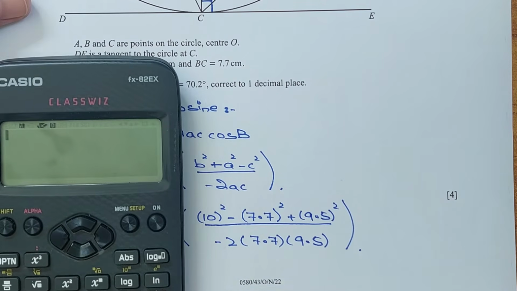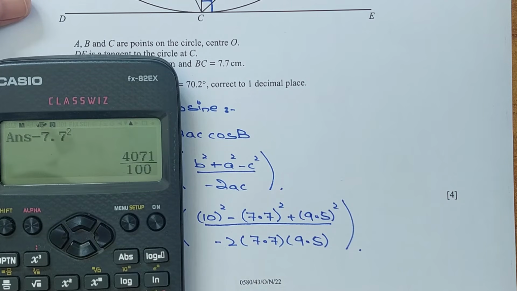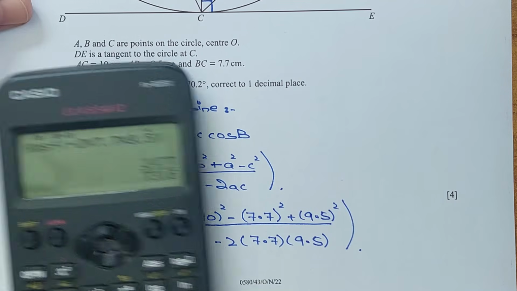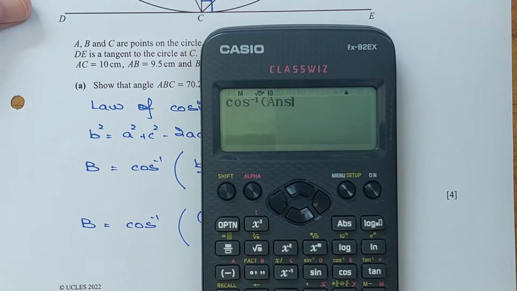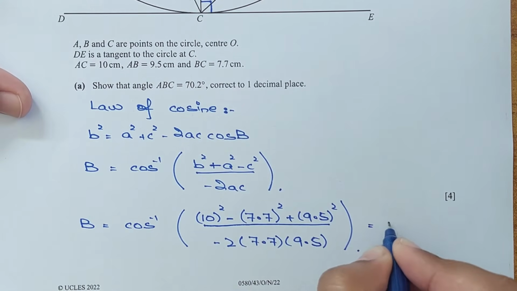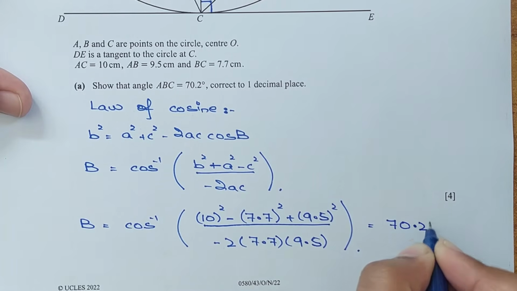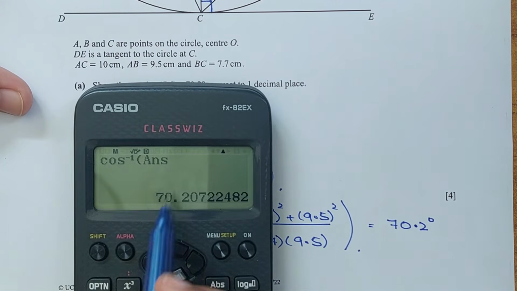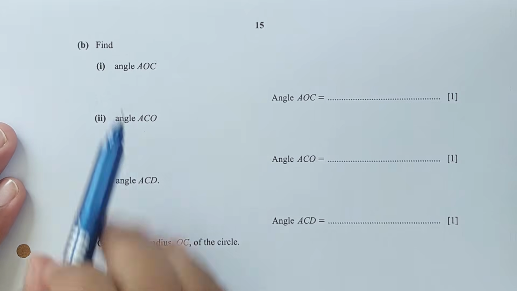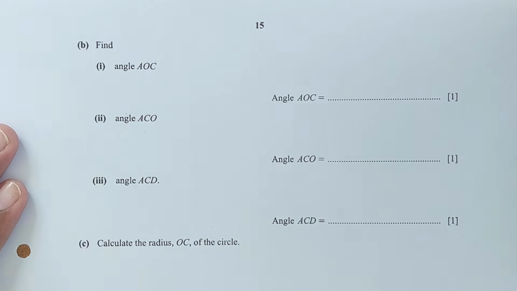Let me calculate this. 10 squared minus 7.7 squared minus 9.5 squared divided by minus 2 times 7.7 times 9.5 is this, and cos inverse of the answer is 70.2 up to 1 decimal place. Yes, 70.2 degrees. Let me double check. Yes, 70.2 degrees.